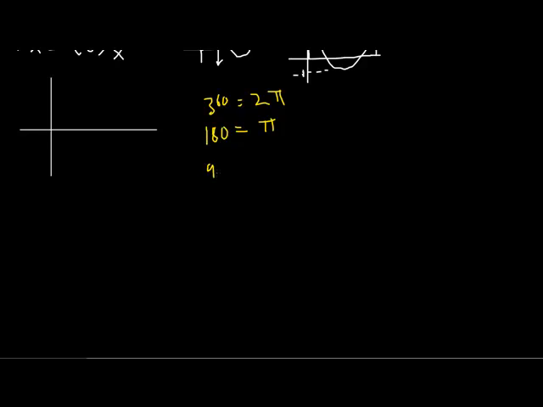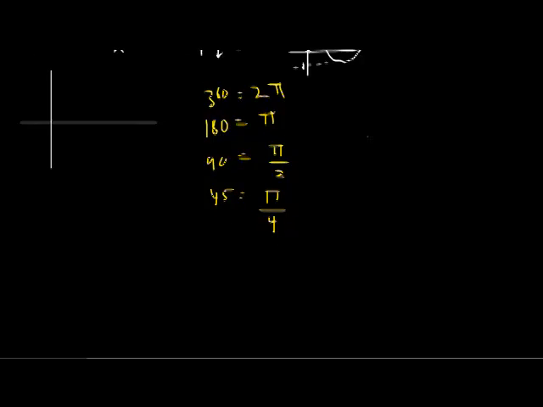Half of 180 is 90, which is half a pi, and half of that is 45, which is 1/4 of a pi.